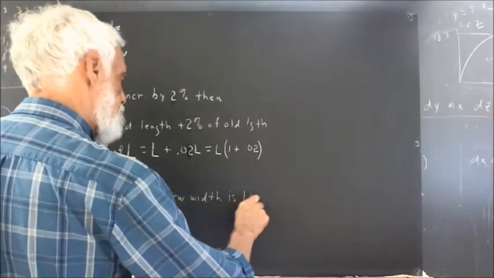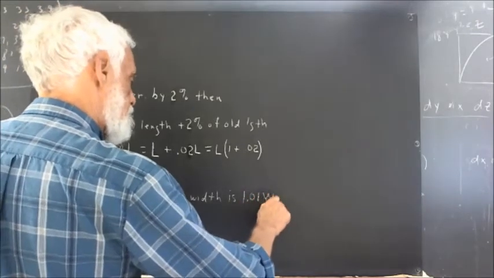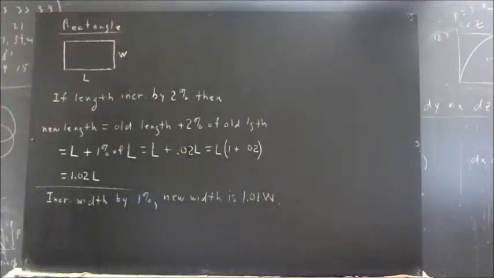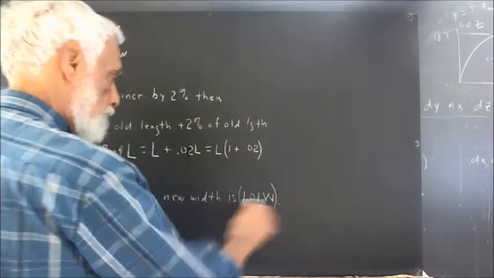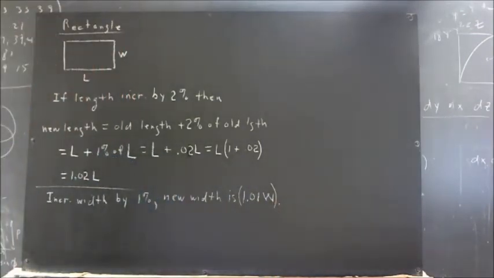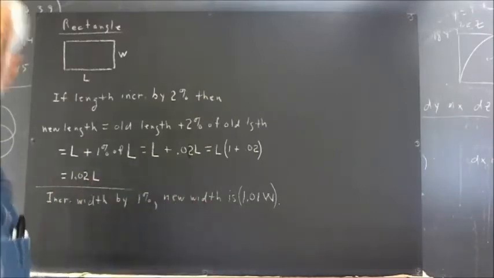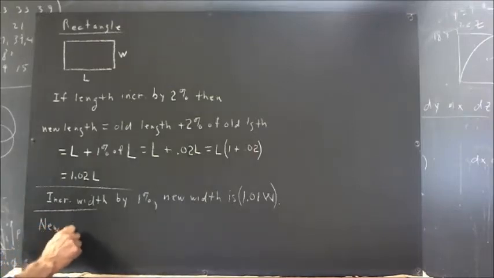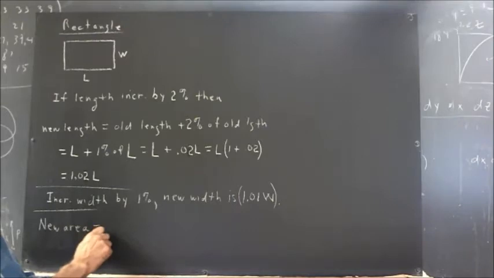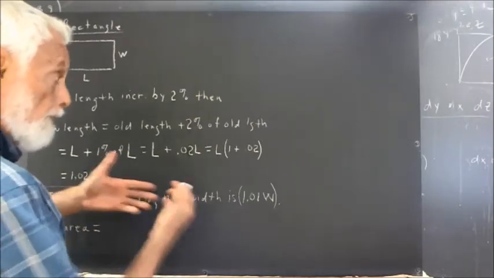The new width will be 1.01 W. Yeah, put parentheses around that just so we know where the words stop and the numbers start. Okay, that's good. Now the question is, what's the expression for the new area? Well, new area is going to be the new length times the new width.